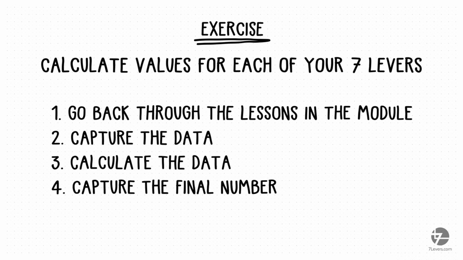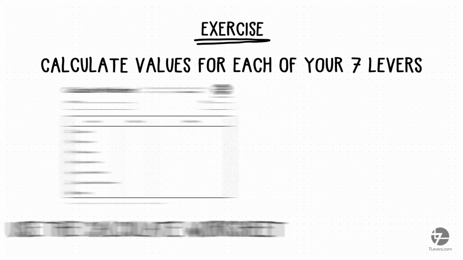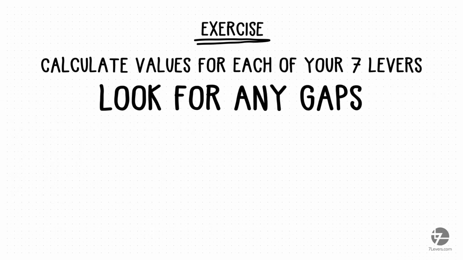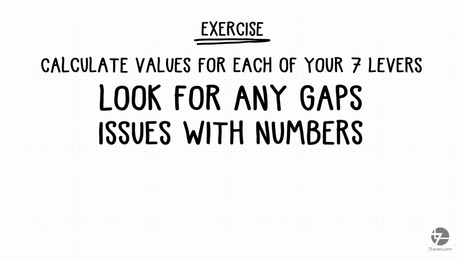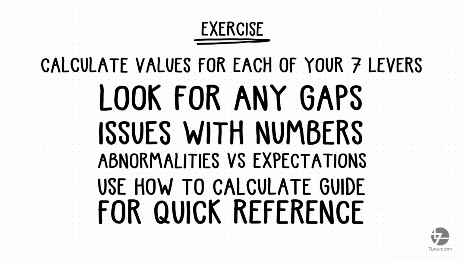To capture the final number, you can use the Calculate Worksheet, and also remember to look out for any gaps, any issues with the numbers that you find, whether there's no measurement at all or whether the numbers don't quite reflect what you were expecting. So there might possibly be something that needs a correction. And if you want a quick reference of the data to capture and the calculations you need to make, then you can reference the How to Calculate guide.